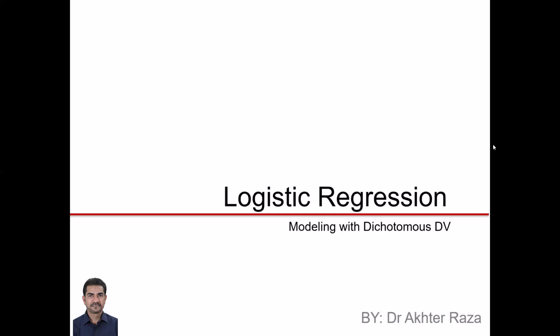This is the lecture regarding logistic regression. As we discussed in regression analysis earlier, our dependent variable y is a scaled variable, as well as the independent variables. But in logistic regression, your dependent variable should be a dichotomous variable.